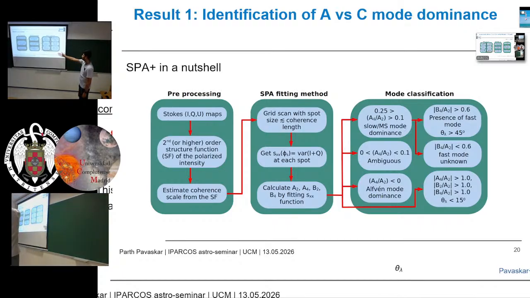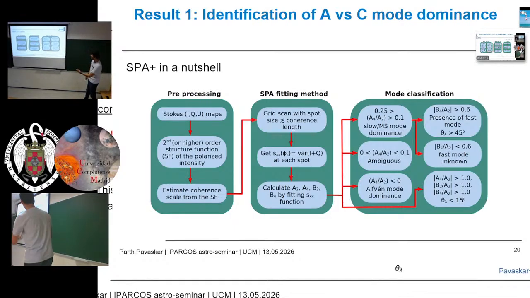So for this, we typically use the structure functions to get the coherence scale of turbulence. Then we define our area of interest, and then we follow the method that I showed before. We calculate the signature function, we fit the function, we calculate the coefficients, and then depending on where the coefficients fit in, we classify the mode dominance.